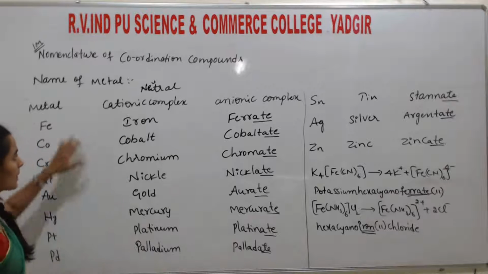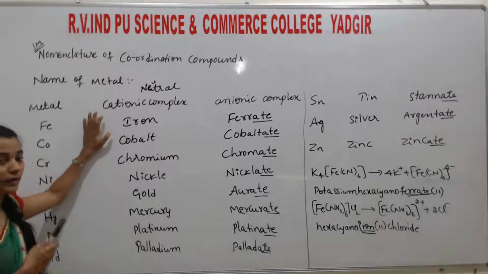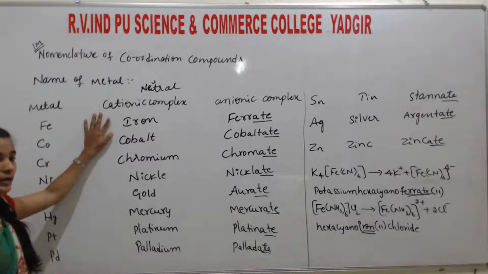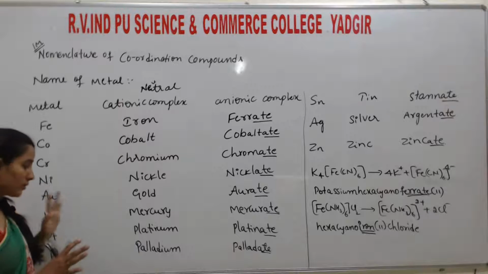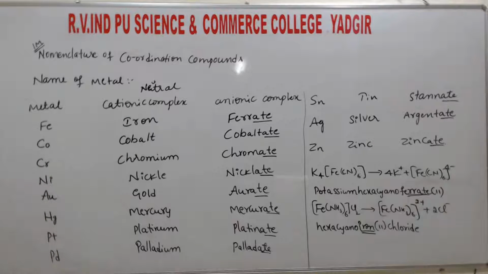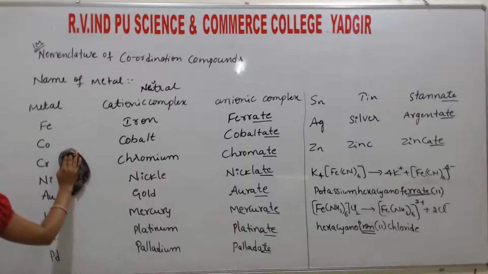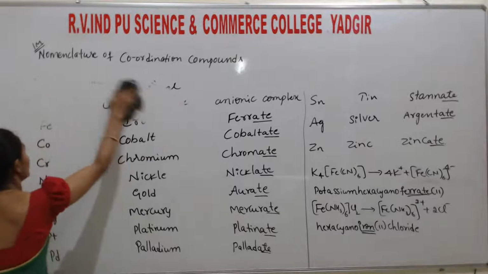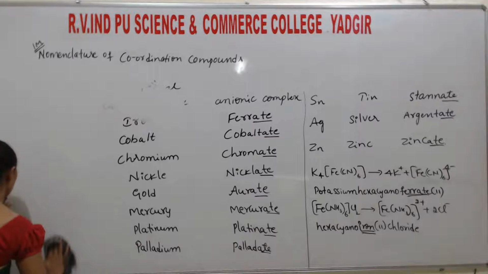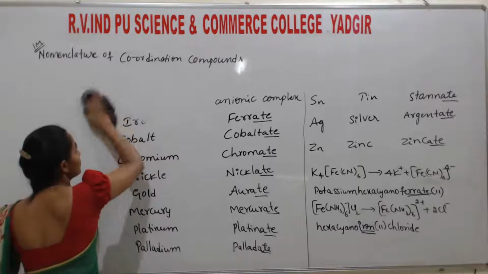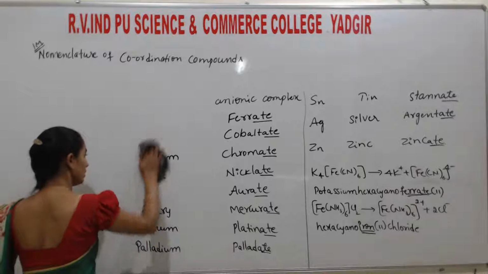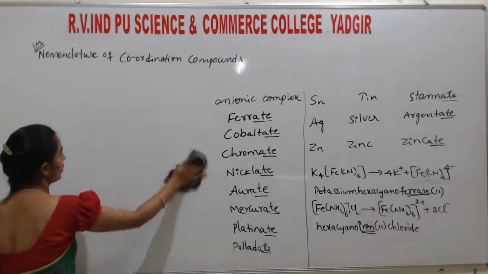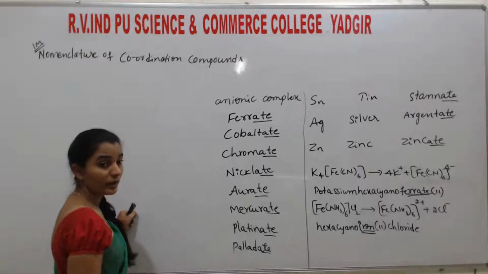So many rules are there. Just remember what the name of the atom is in the different types of complexes: cationic, neutral, as well as anionic. Once we know this, then we are going to know the rules to write the names of the complexes. So students, as I told you, like anionic ligands, cationic ligands are also there, like H3O+ and NO2+.